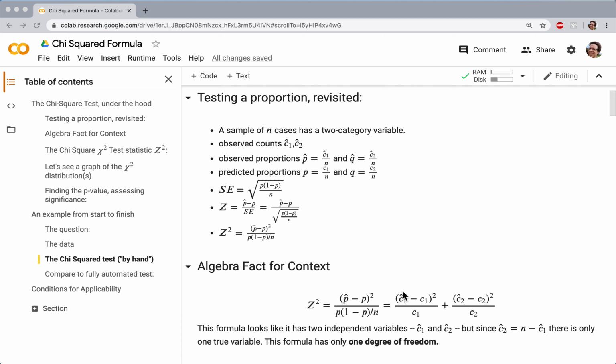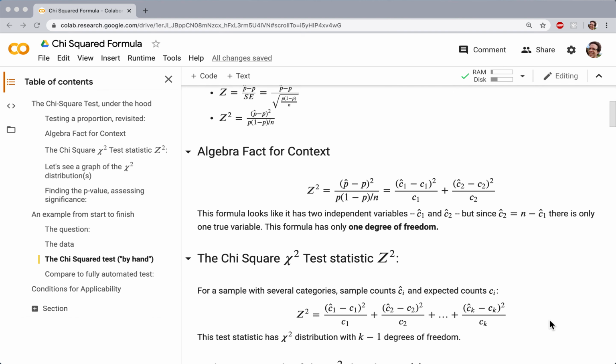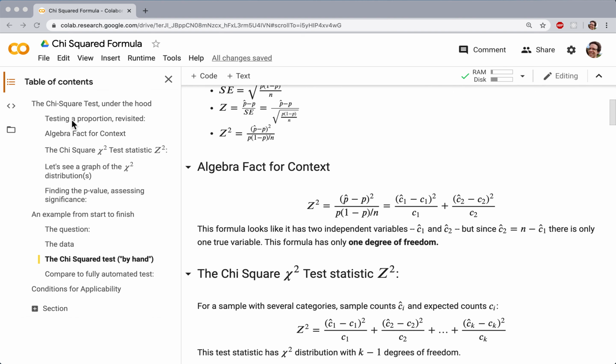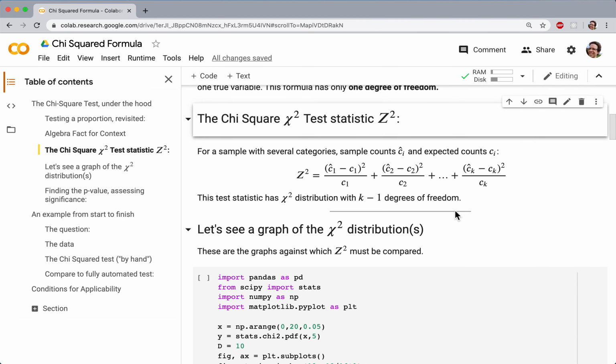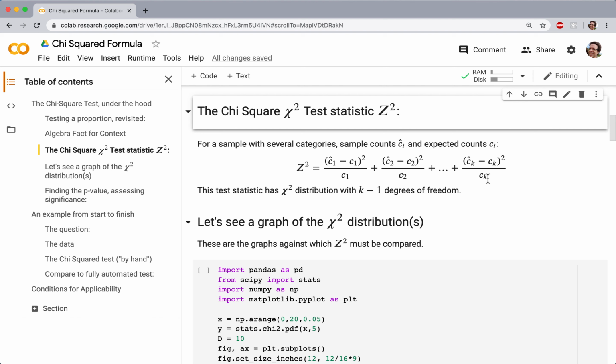What would you do if you had to have more than two categories? You would have an extra term in here for the counts, and it would be like C3 hat minus C3 quantity squared over C3. And that's exactly what we actually do when we're doing the chi-squared test. So the chi-squared test is a test which calculates the test statistic z-squared and calculates it this way.